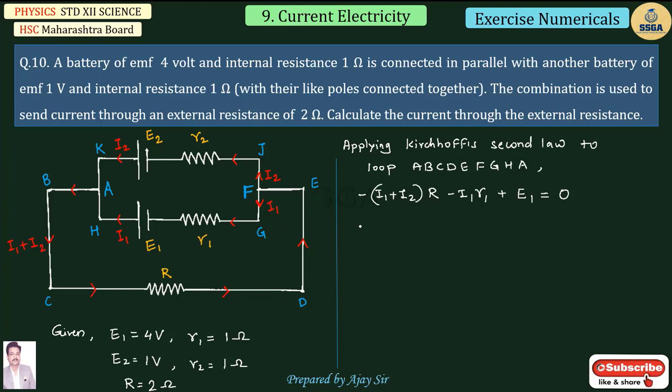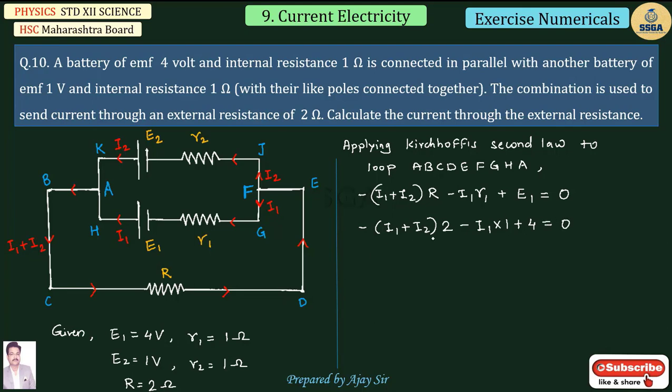So this is minus (I1 plus I2), where these two currents are unknown but R is given, that is 2, minus I1 into R, which here is 1, plus the EMF E1, that is 4, which is given.